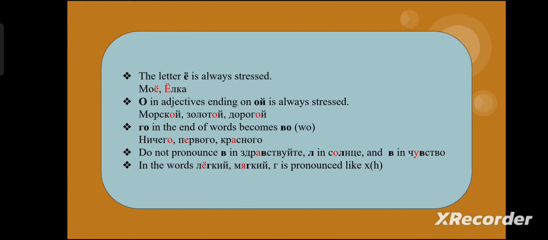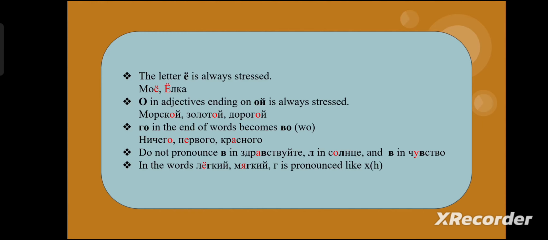Nichivo. Here O is stressed, so we say Nichivo. Piervava. Here O is unstressed, so we say Piervava. Krasnava. Here too the letter O is unstressed, so we say Krasnava.